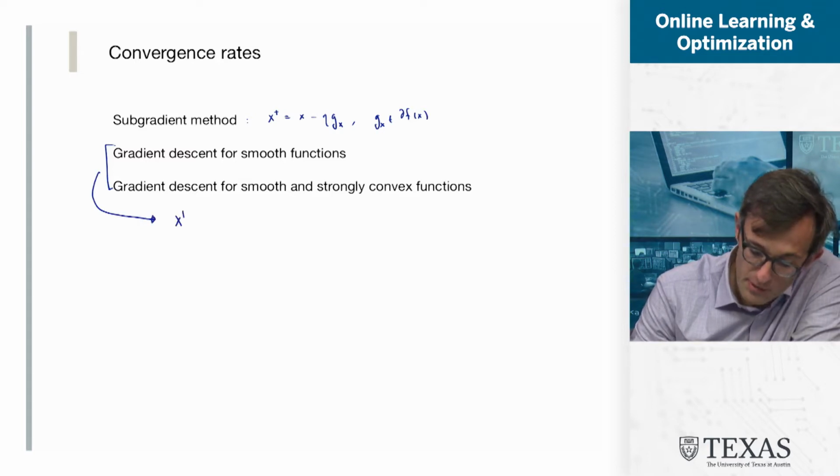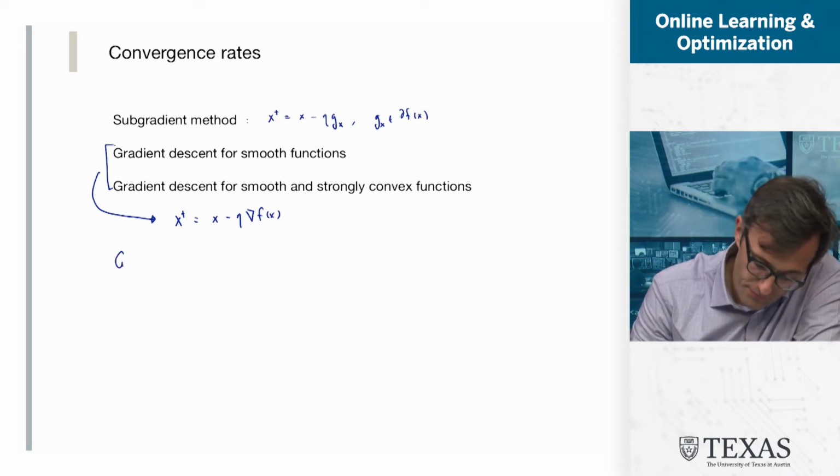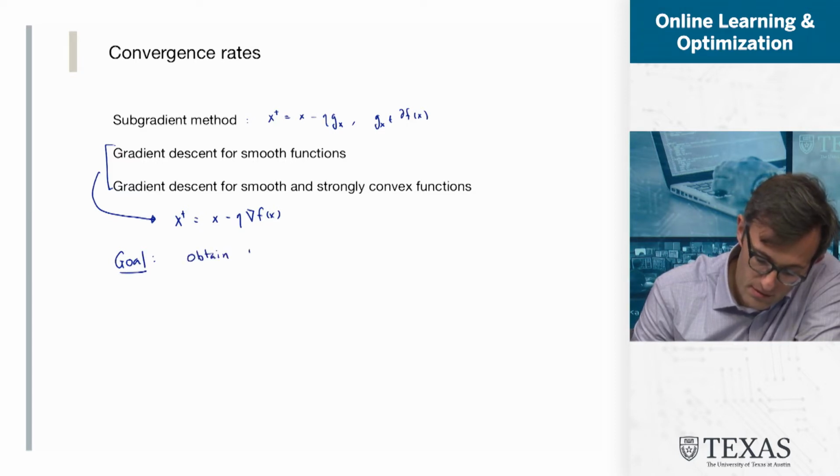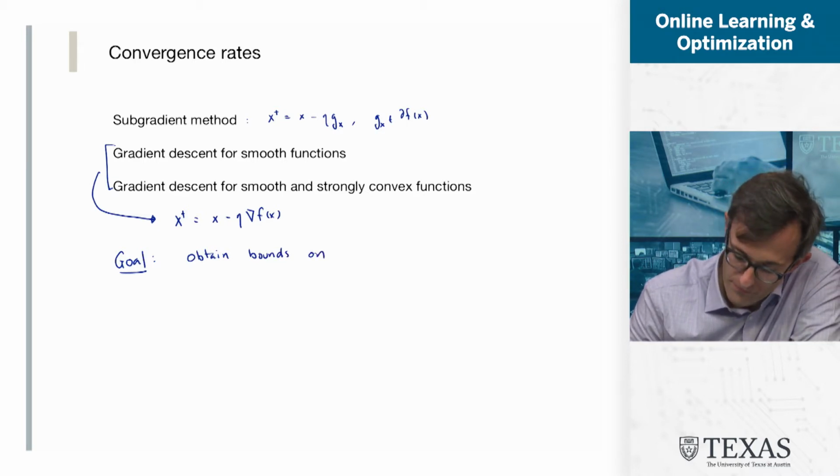In this case, x plus is going to be x minus my step size times the gradient of f of x. And our goal in all of this is to obtain bounds on the suboptimality.